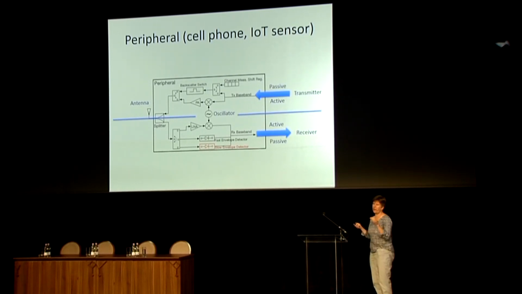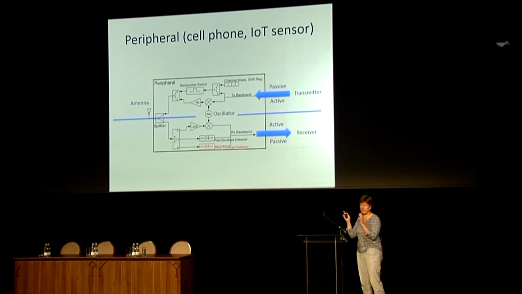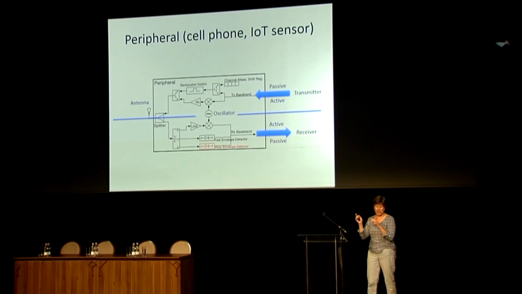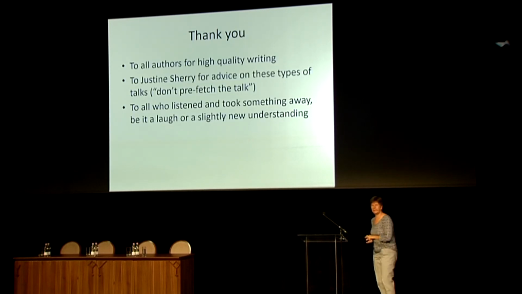In each case, there are two pathways, a passive pathway, which contains passive components, and an active pathway, which contains active components. And then there's the antenna you see on the left-hand side. So when you see this talk, this gives you a reference point. You need both types of capabilities in both directions. All right, so that's the end.